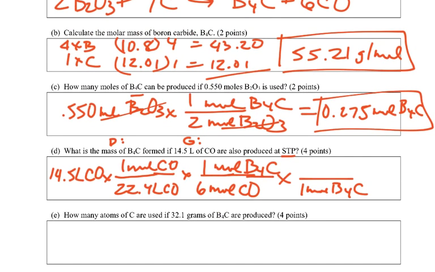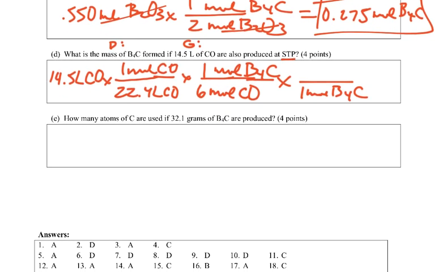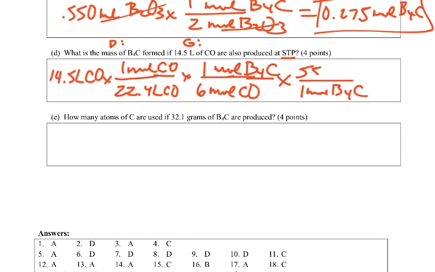Luckily, that's what we figured out up here, so I'm going to use my 55.21 number, grams of B4C. Now I'm going to calculate, because liters drop out, moles drop out, moles drop out, and I have grams of B4C. For this I'm getting 5.95643, so 5.96 grams of B4C.